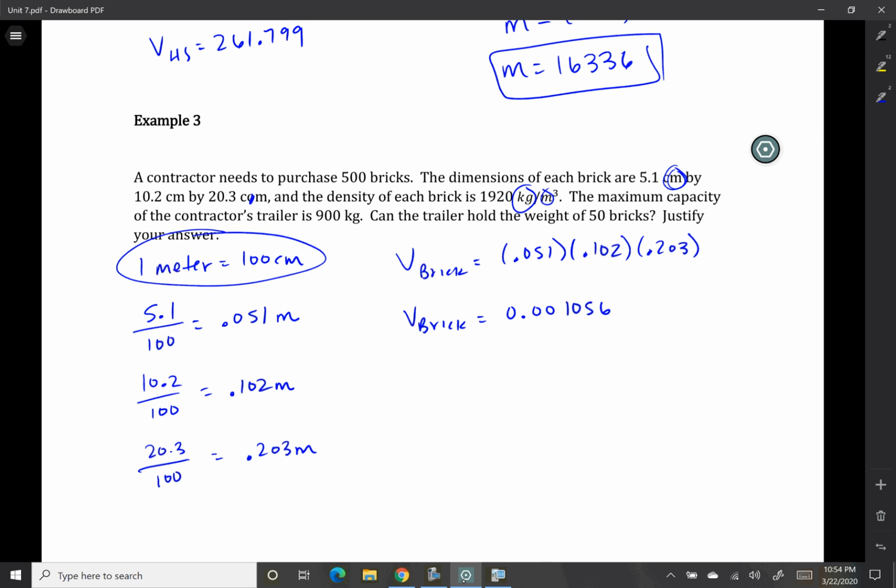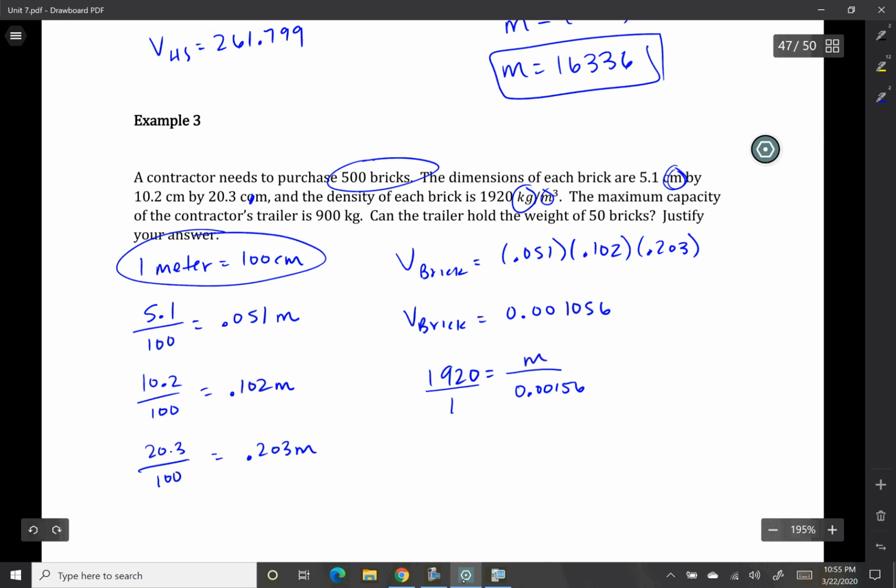Now, the thing is, there's not just one brick. There's 500 bricks. So we need to find the volume of 500 bricks, right? To do that, we can multiply this by 500. That would give the volume of 500 bricks. Or we could just use the density of one brick to find the mass of one brick.